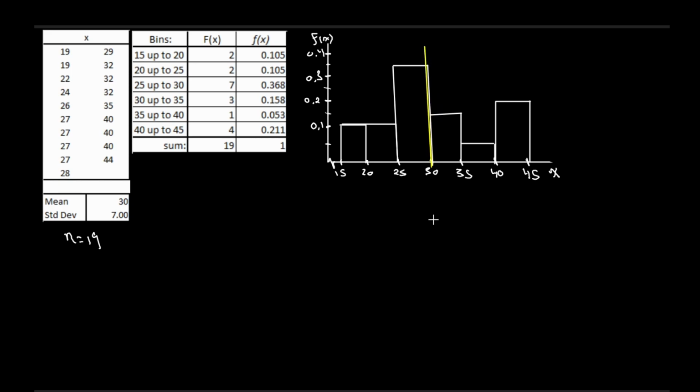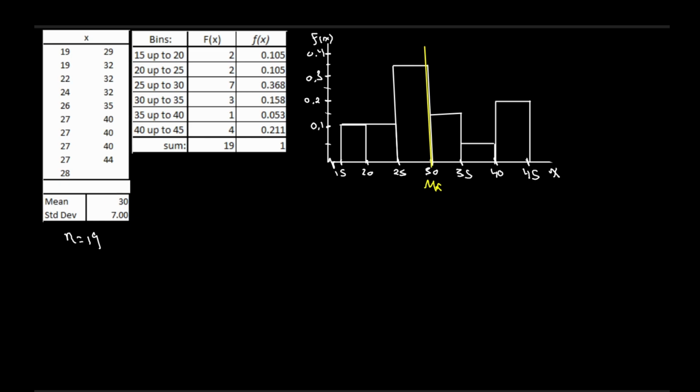That is mu, our population mean, mu of x, our random variable of interest. I then know that my standard deviation is 7, so the typical amount that any one value of x will deviate from this mean is 7 units.